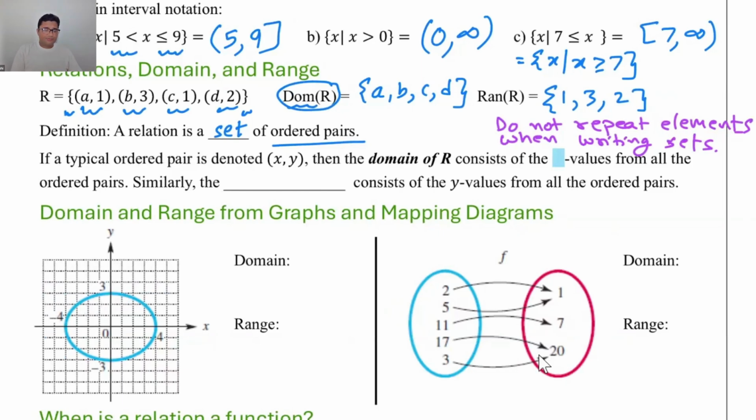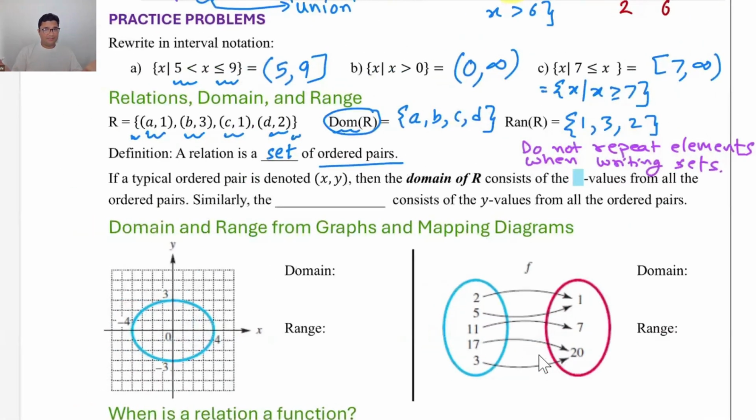It is more like a convention. It is implied. Even if I were to write 1, 3, 1, 2, you will automatically understand that to be 1, 3, and 2. Even if you write with repetition, it really doesn't count. So it won't be incorrect, just redundant. We don't do it because the concept of set is not about how many times. It is just a question of whether it is in or not.